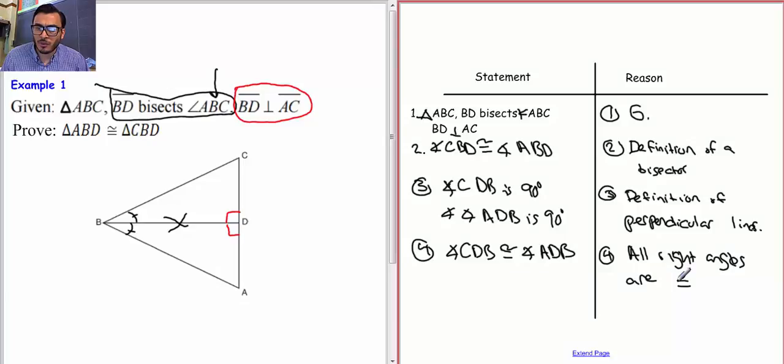And I'll just use the symbol for congruent. Then what else did we say? We said that we have a reflexive property, so BD is congruent to BD. It's a shared side. So BD is congruent to BD, and that's because of the reflexive property.